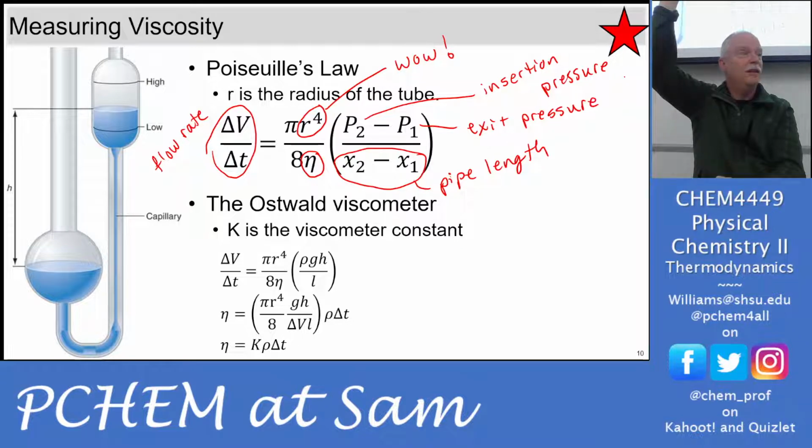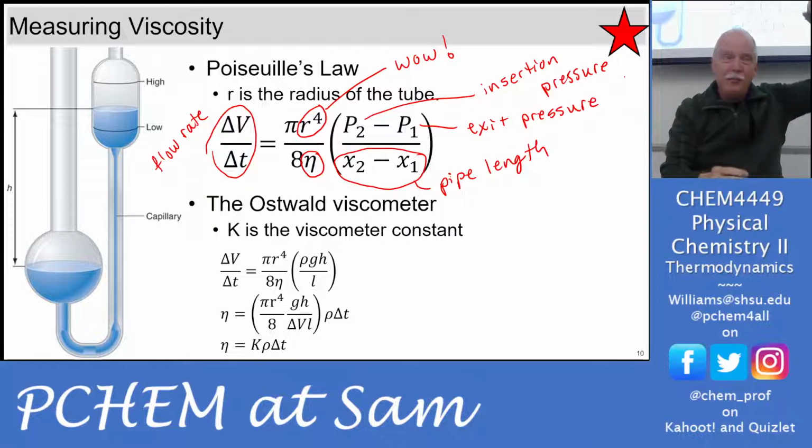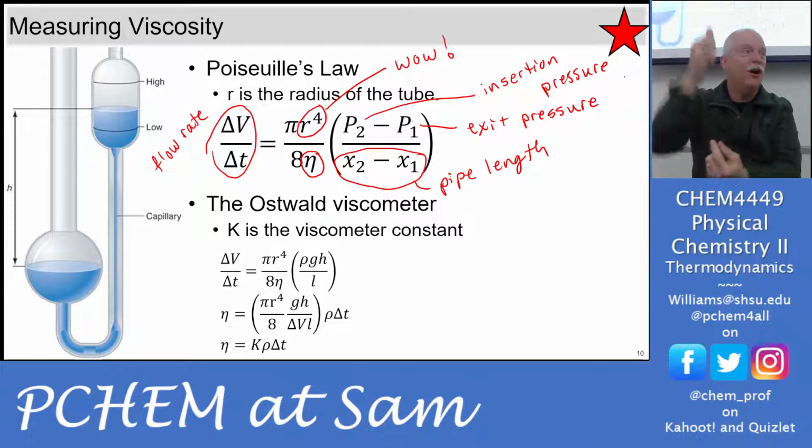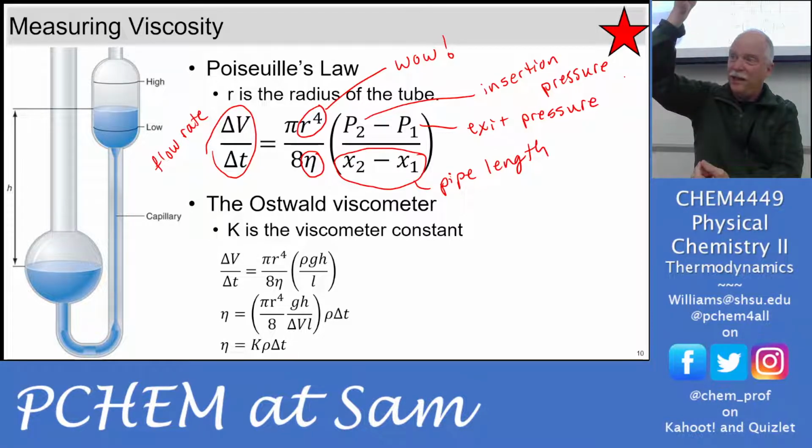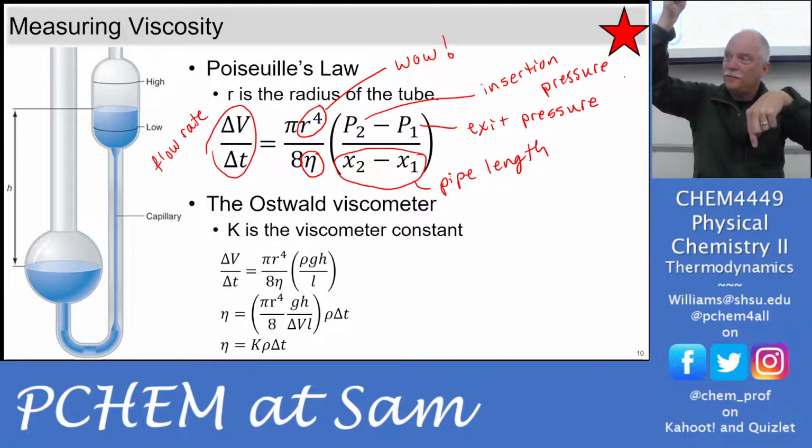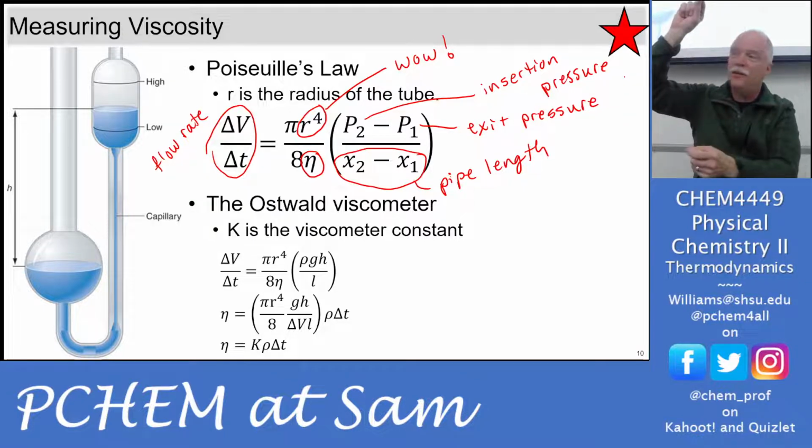The only thing pushing that water or that mercury up the straw is atmospheric pressure. And even with a perfect vacuum at the top, mercury is only going to go up 760 millimeters.